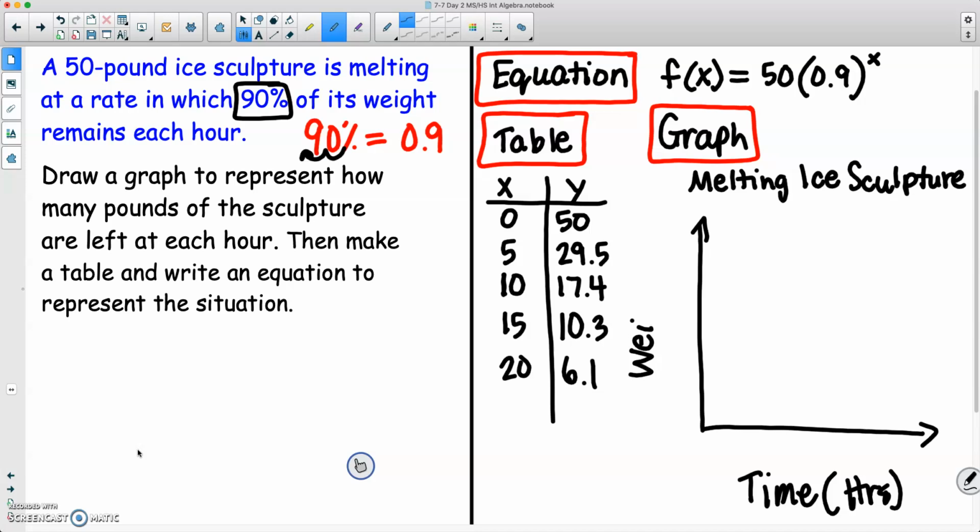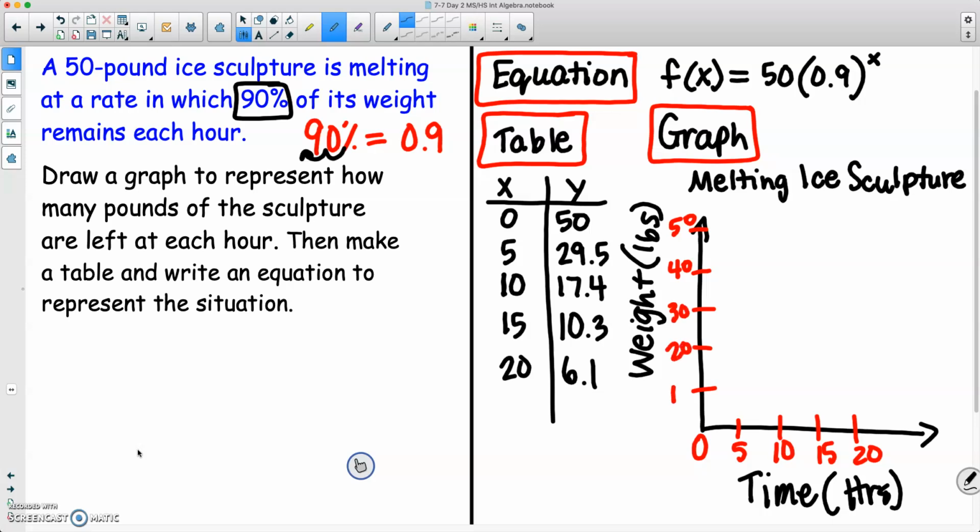So it's the weight in pounds. So I am going to go with, on my x-axis, I went by 5s. And on my y-axis, I'll go by 10s.